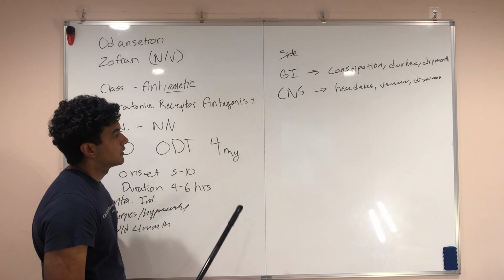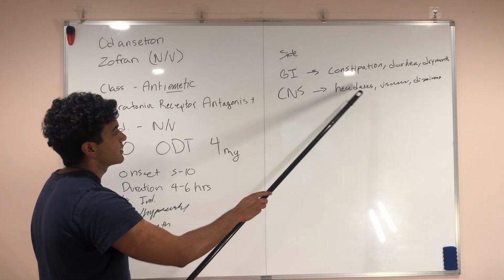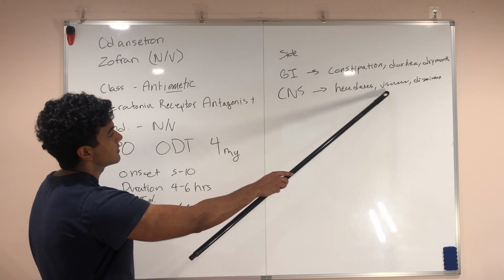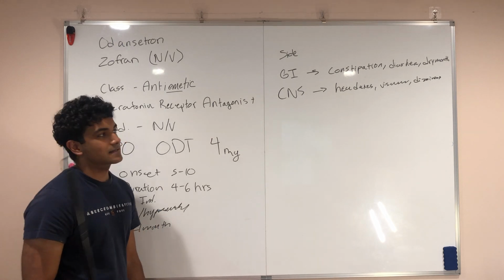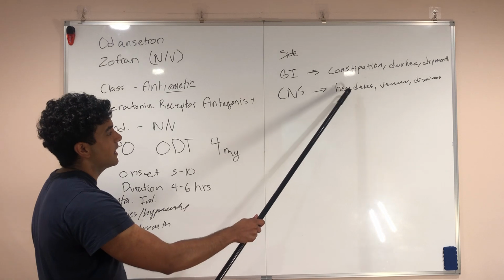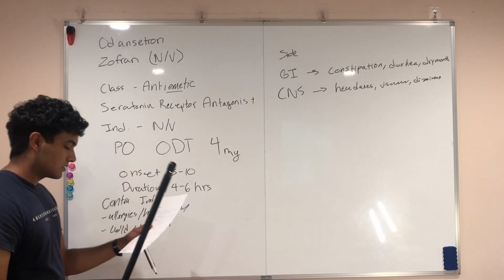And for central nervous system, that says headache. Yeah, it does. I can't read my own handwriting sometimes. It says headache, visual disturbances, and dizziness. I might just read the rest of these off.